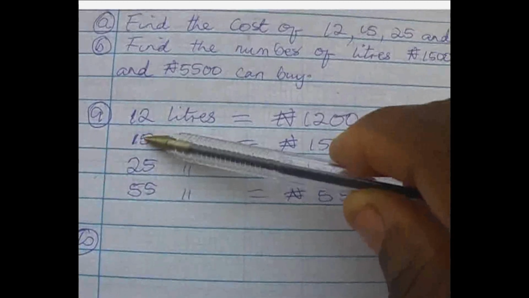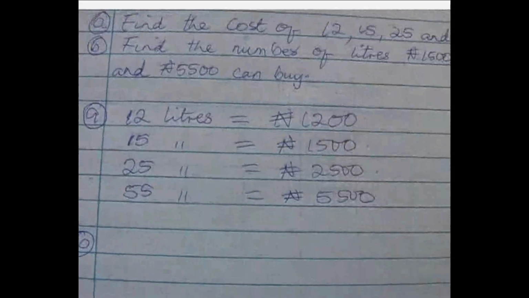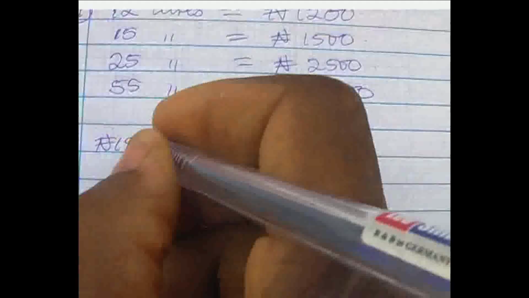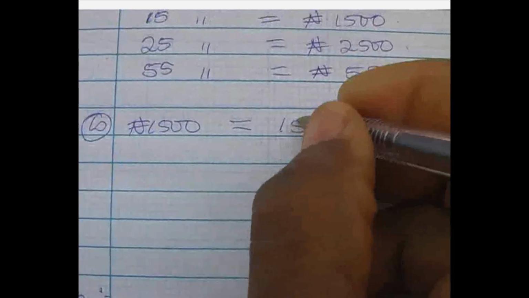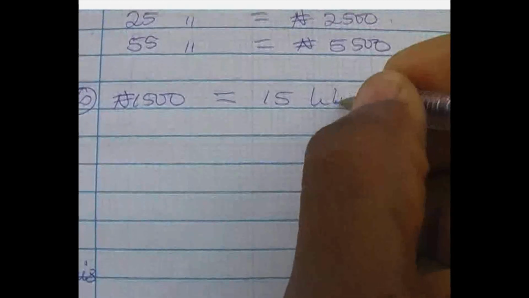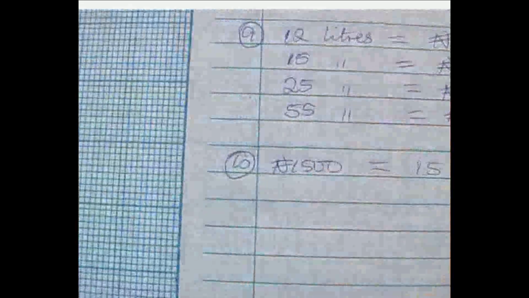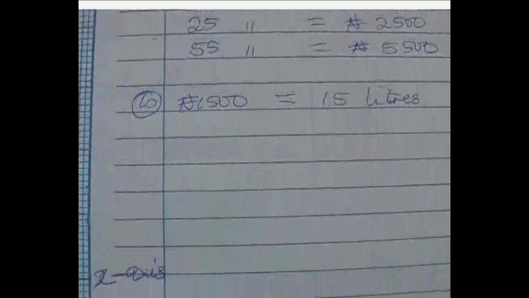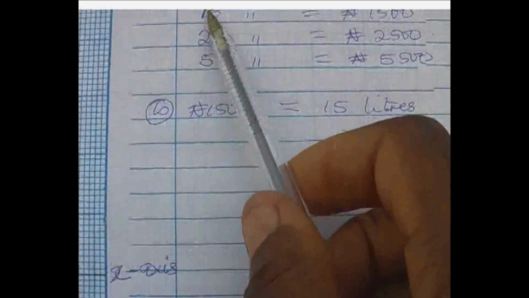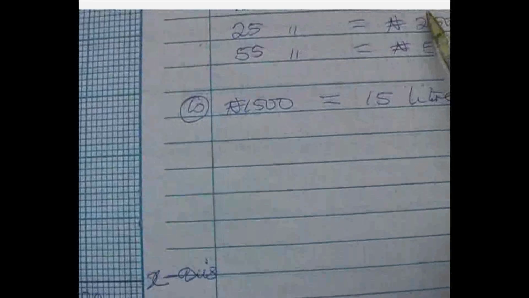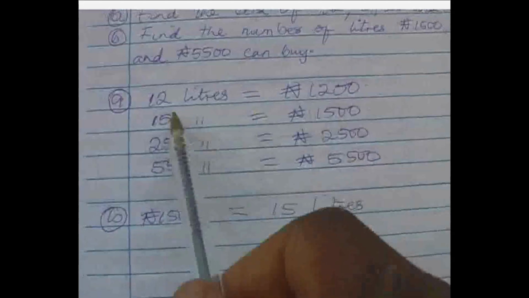I hope you can see it. So you can just go ahead and say 1,500 can buy 15 liters. Because already you have done it the other way, using 15 liters to calculate from your graph paper the amount of money that can buy the 15 liters.